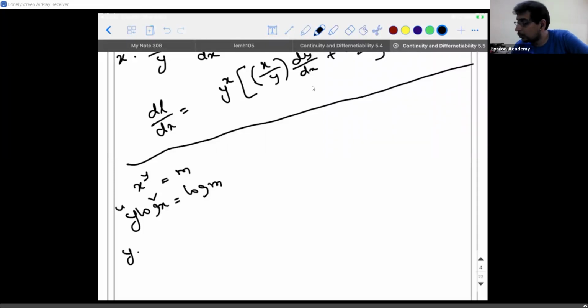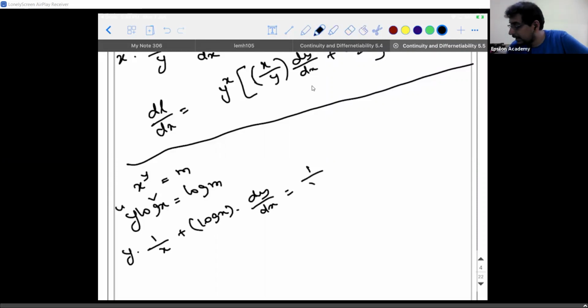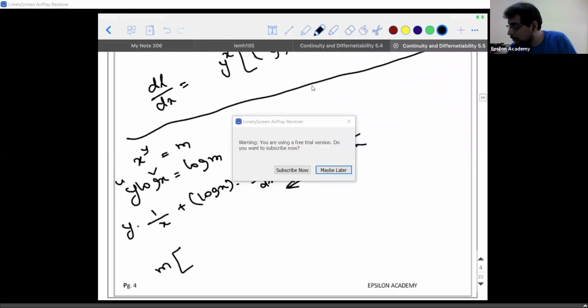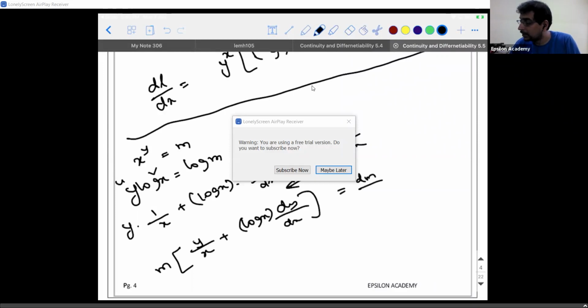So u into v dash plus v into u dash, that is dy by dx, is equal to log m, which is 1 by m into dm divided by dx. So m will go to the other side. M into y by x plus log x into dy by dx is equal to dm divided by dx. But what is m?